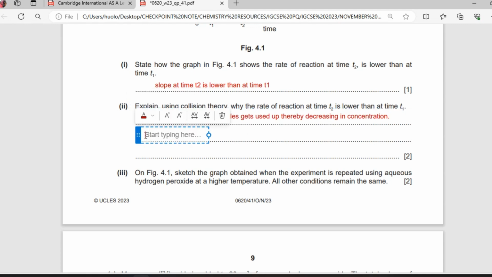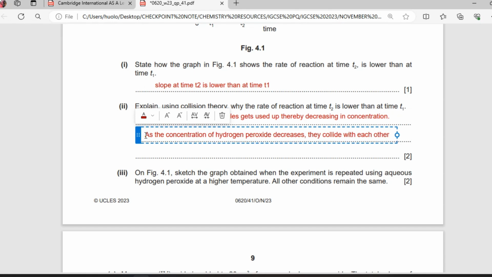Let's come here again. So we say as the concentration of hydrogen peroxide decreases, they collide with each other less often.